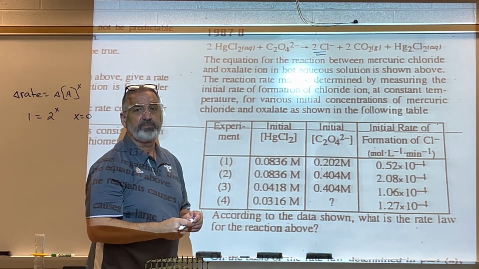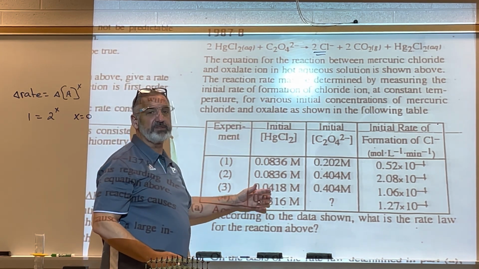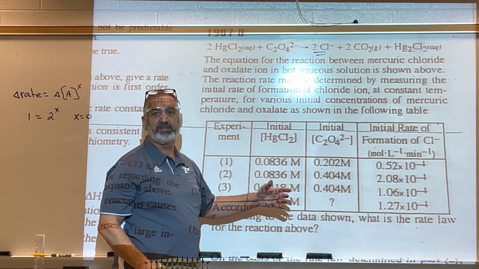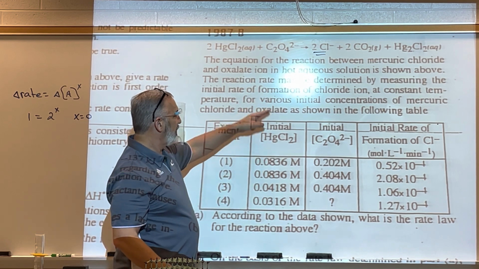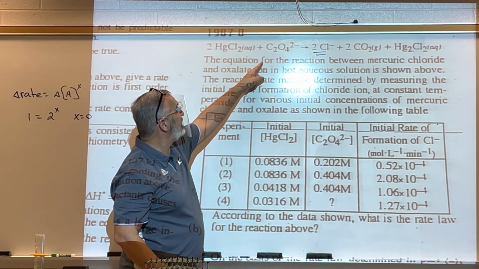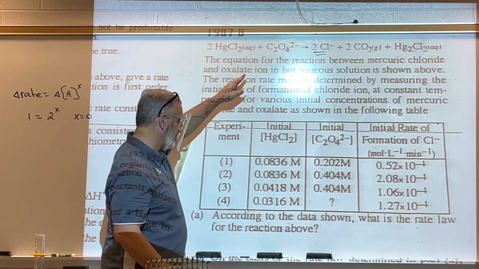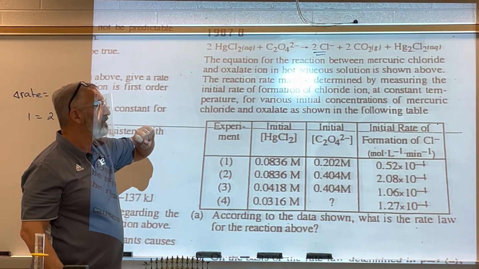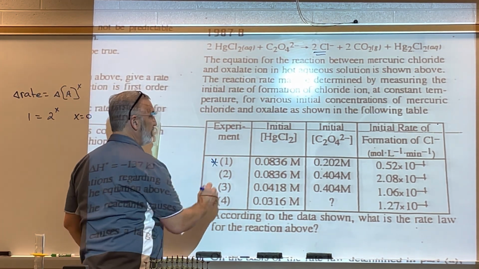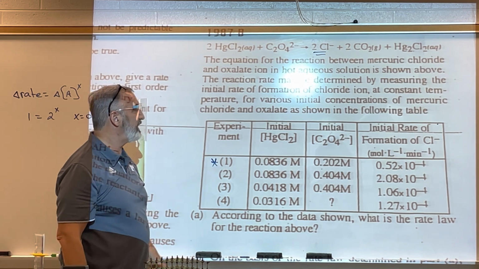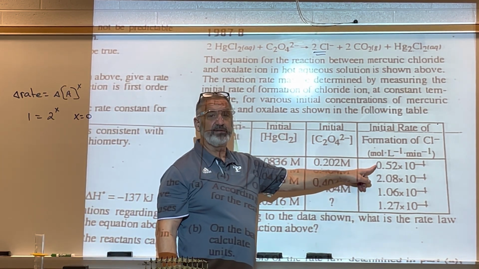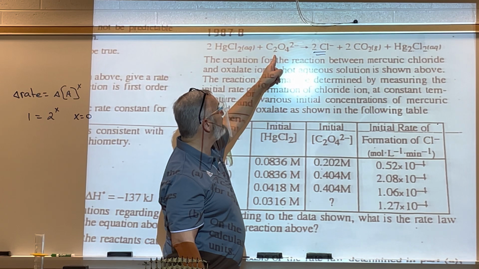This was one of the reasons I picked this one, and I forgot to do the part I wanted to do. Okay? So what's my rate of disappearance of C2O4 going to be, and what did they specify? Experiment 1. Well, what's the rate of formation? 0.52. So what's the rate of disappearance of this going to be?